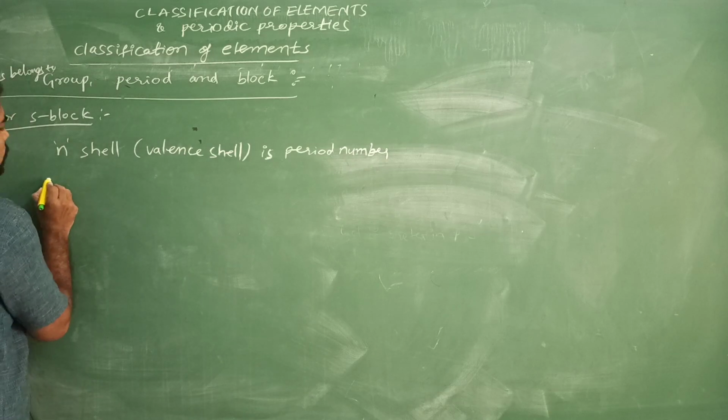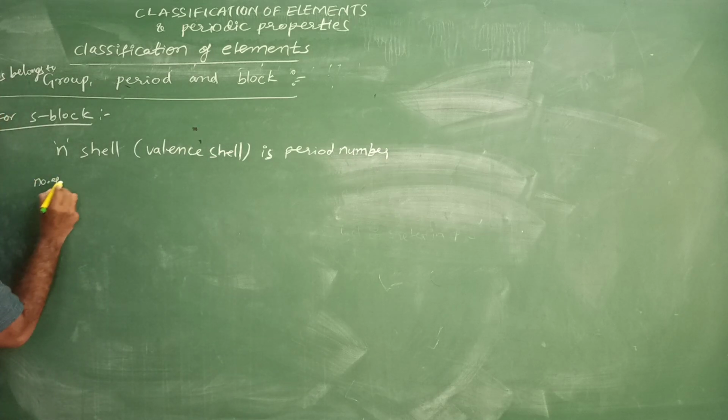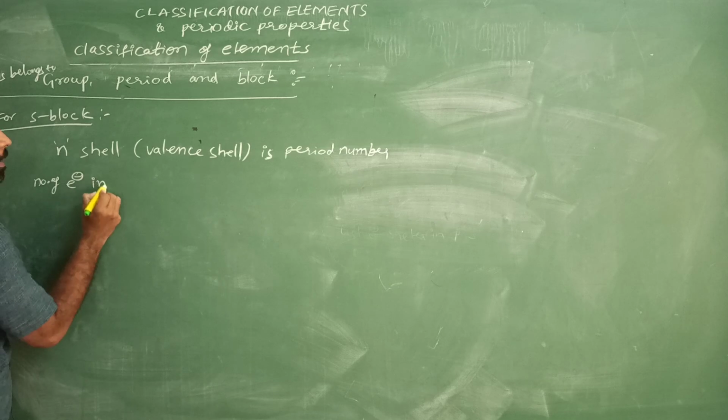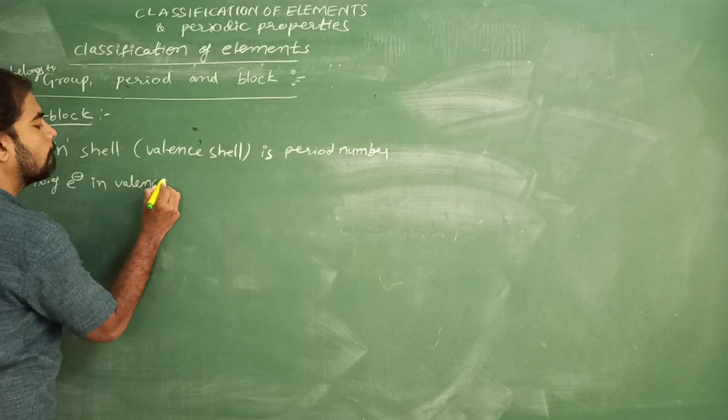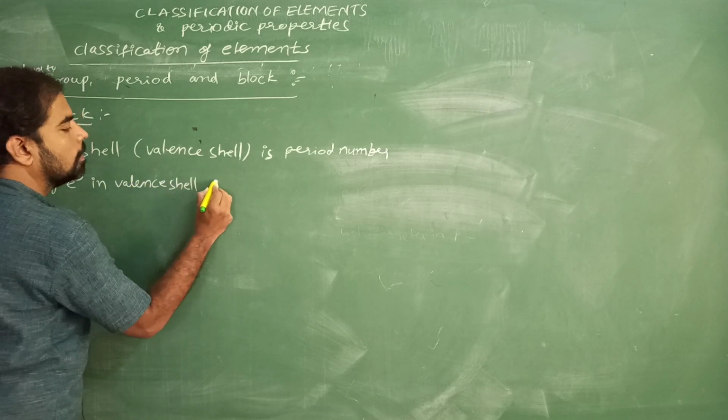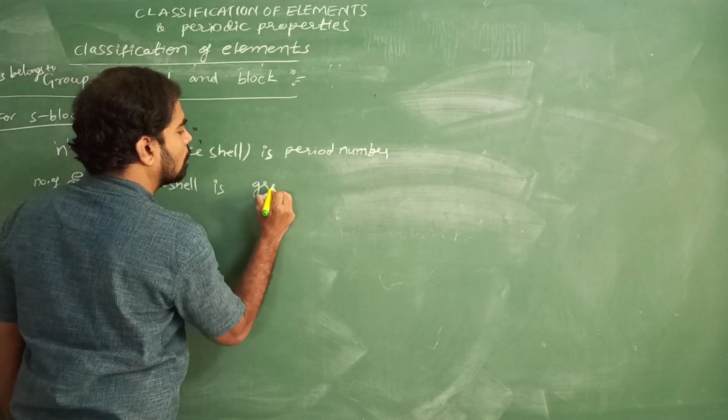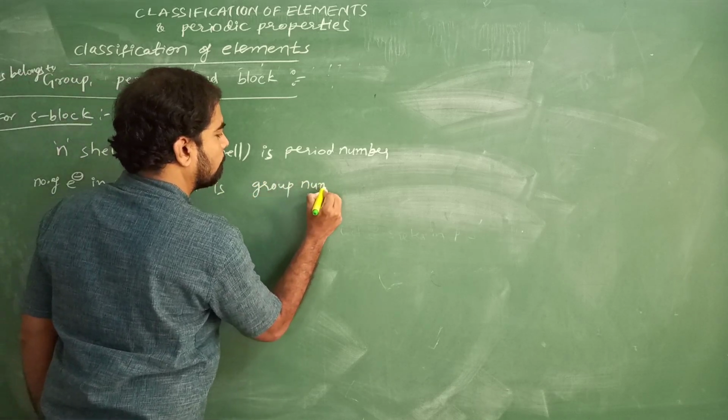Next, the number of electrons in the valence shell is the group number.